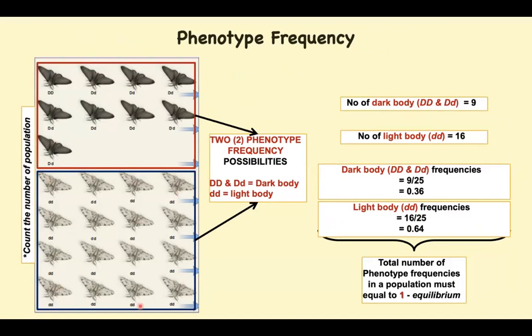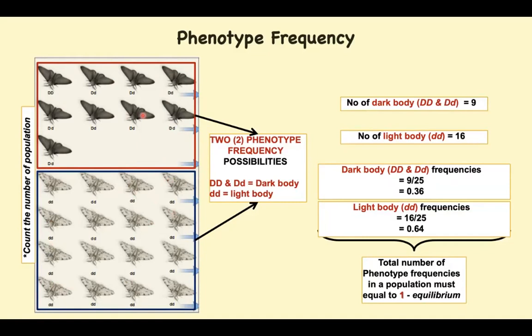Total all these moth ada berapa? So yang ni ada 3, 5, 7, ada 9. Okay, yang light body ada berapa? Light body ada 16. Okay, so what is the total of the population dulu? Total is 9 tambah 16, jadi 25. So that is the total.